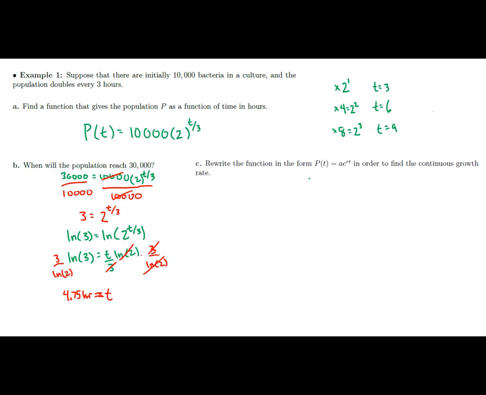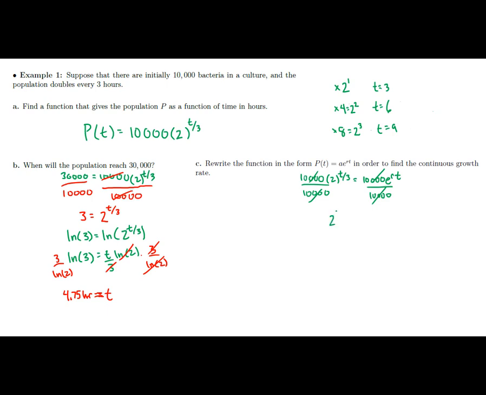So I can take my 10,000 times 2 to the t over 3 and set that equal to 10,000 e to the rt. And of course, I can quickly get rid of the 10,000s on both sides by dividing. Those are going to be irrelevant.